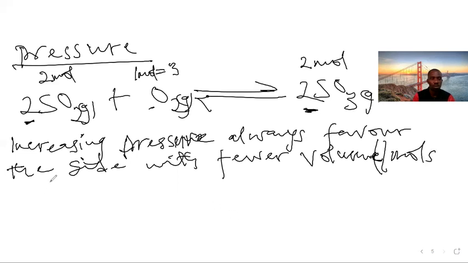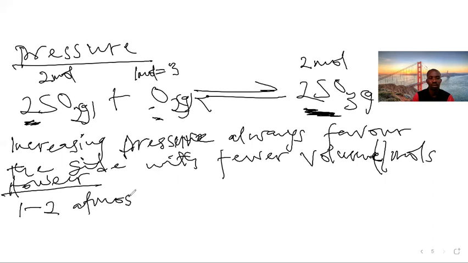So if we increase the pressure, more of this will be produced. It will increase the yield of sulfur trioxide that we are looking for. But the surprising thing again, this process is loaded with surprises. However, the pressure of the contact process is within 1 to 2 atmospheres.